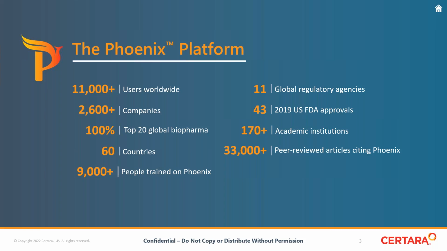We've done a lot of training, particularly with COVID. We extended this online through Certara University as well. So we have trained tens of thousands of people in the last few years. So very widely used, very well supported platform.